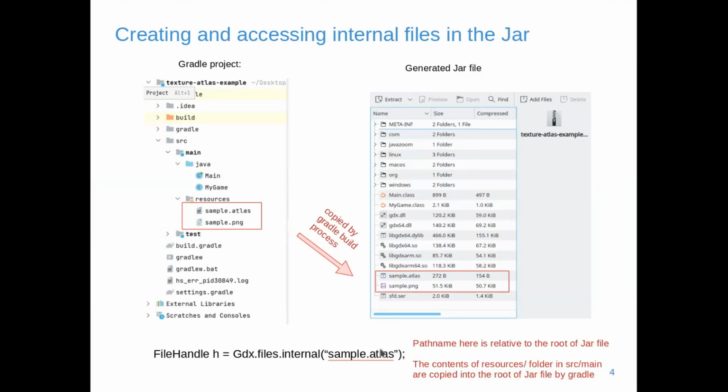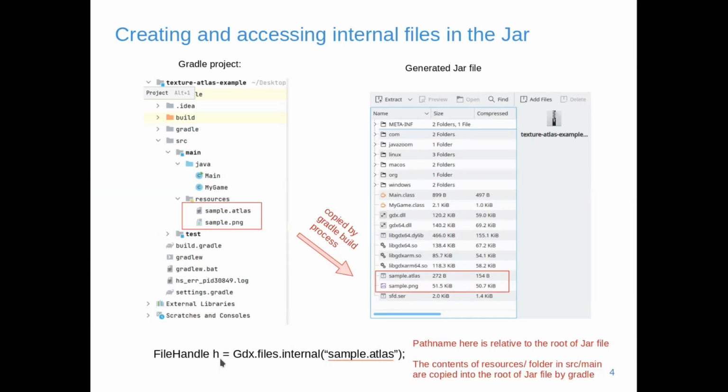And when you want to access a file that you previously placed into the resources folder, when your application is running out of a jar file, you refer to it using the internal area of your Gdx.files subsystem. So here I have sample.atlas and sample.png files. I add them into the resources folder, and they end up in the root of the jar file.